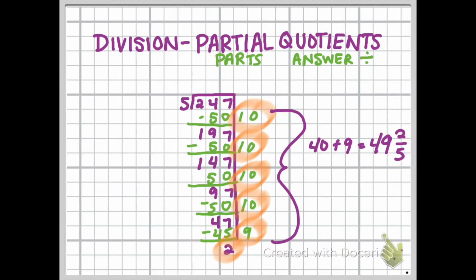Now, if you are someone who wanted to try this out, you could have also done something that looked like this. Where 5 times 40 is 200.